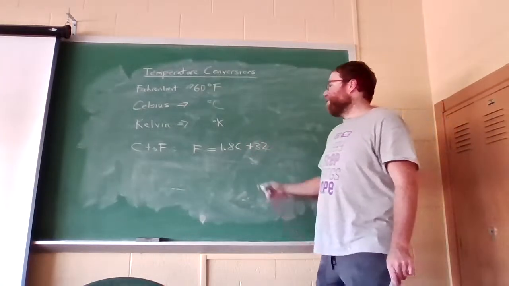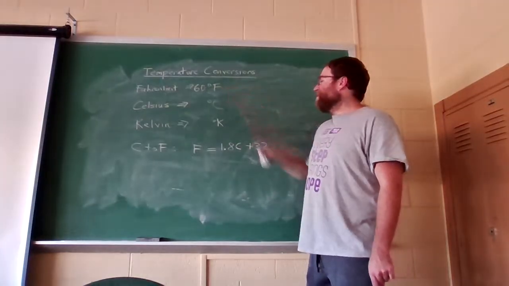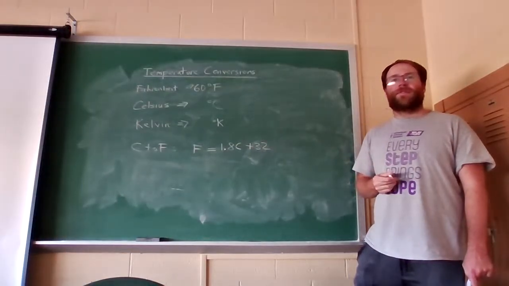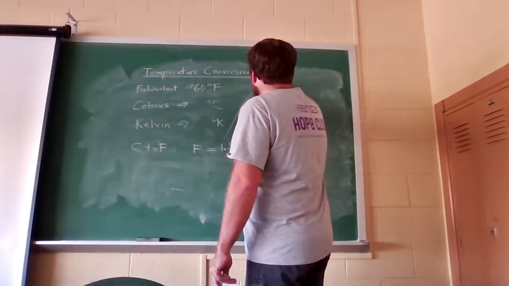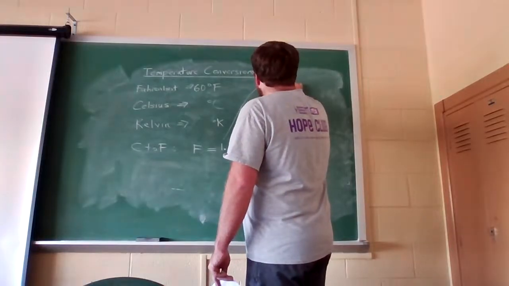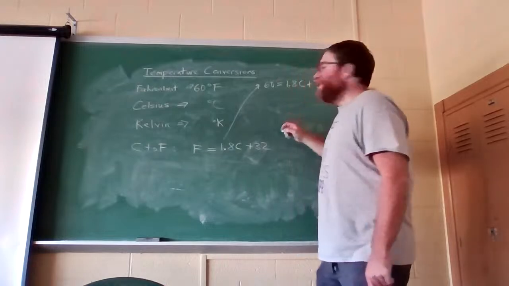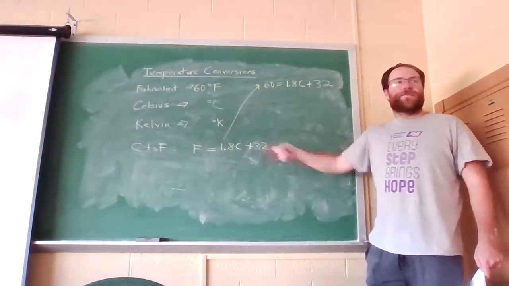So prime example, if we know it was 60 degrees outside today, 60 degrees could go in for which of those? F. So we plug 60 in for F into that equation.